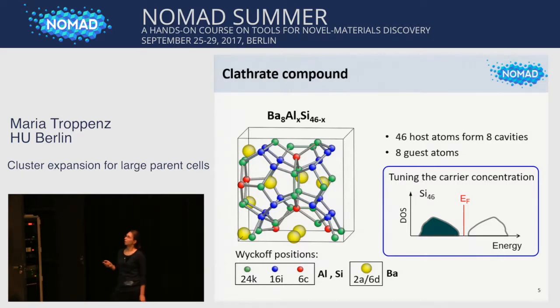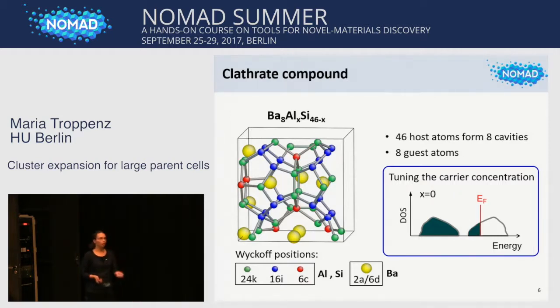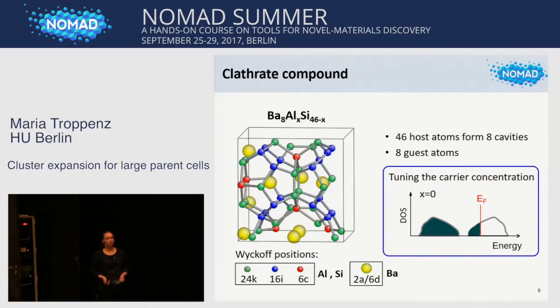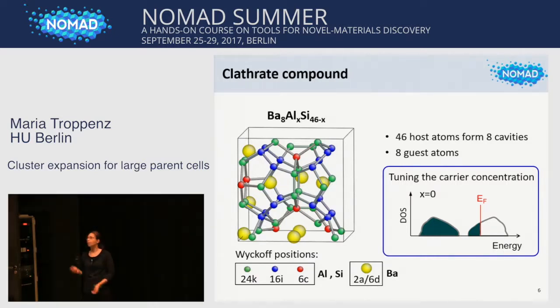So for instance, if we consider silicon 46, which is the empty clathrate without substituents, it has no free charges and it is semiconducting. Now we can put the guest atoms inside the crystal in the cages, and for each guest atom, in the case of barium, we obtain 2 additional free charges, in total 16 free charges, and this compound becomes metallic.